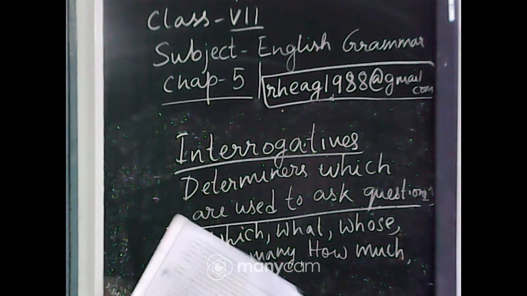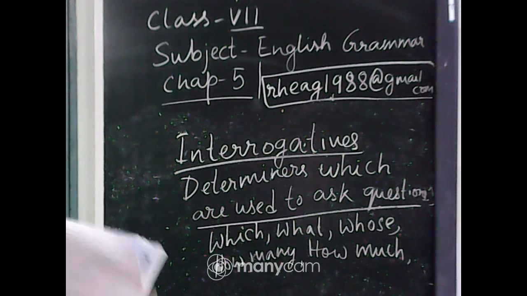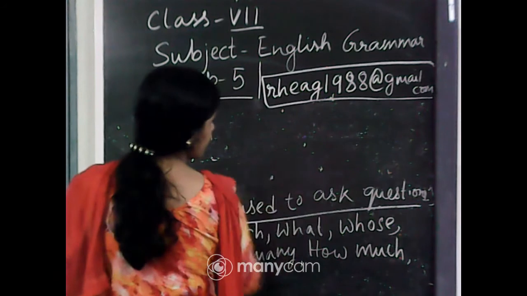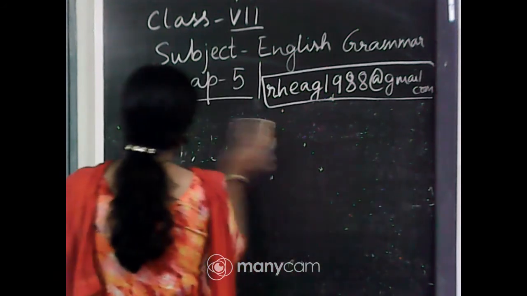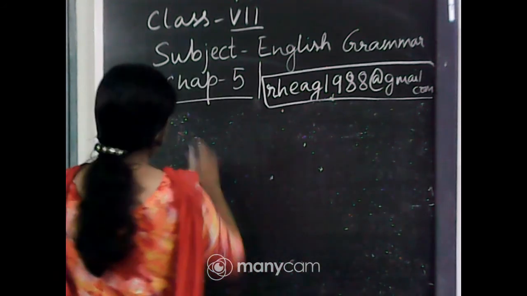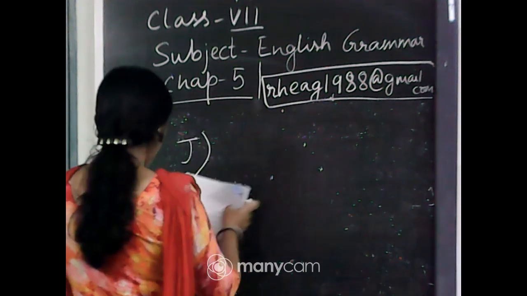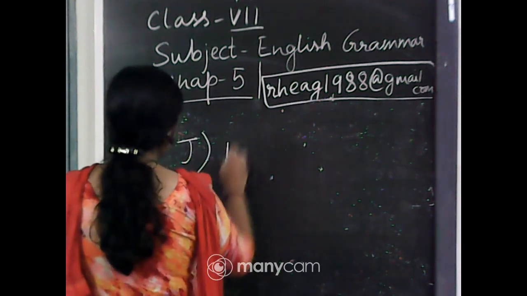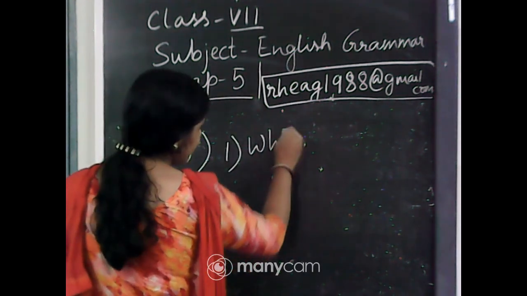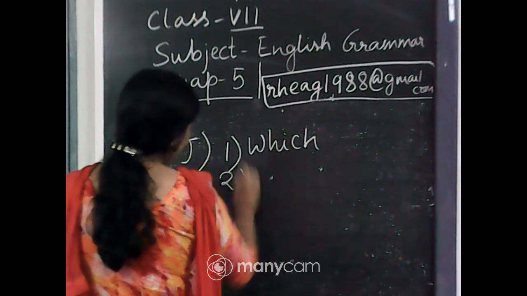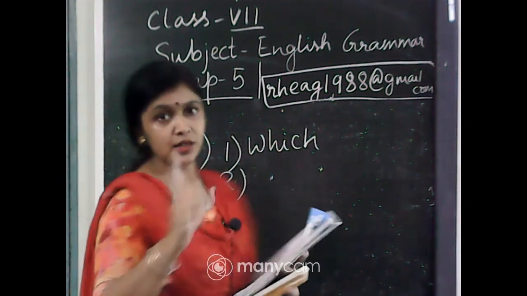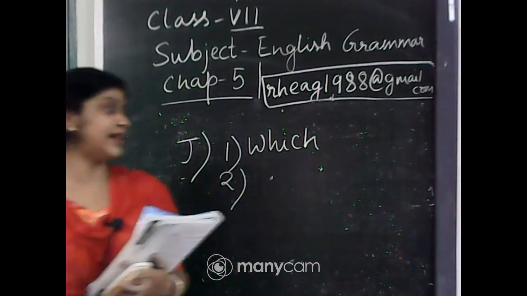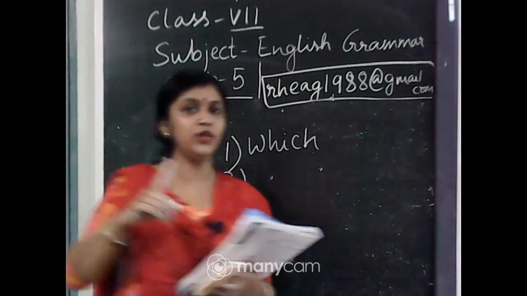Okay. So let us do exercise number J. Exercise J, what you have to do, you have to fill up the blanks using suitable interrogatives. So there can be certain answers which are different from the ones which I am writing. If that is the case, you will tell it to me after I have finished writing all the answers. Do not interrupt while I am writing. After the answers are written and you have copied my answers, you tell me if you have written something else.